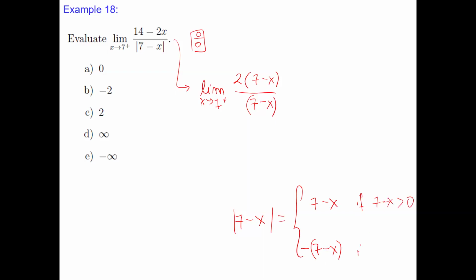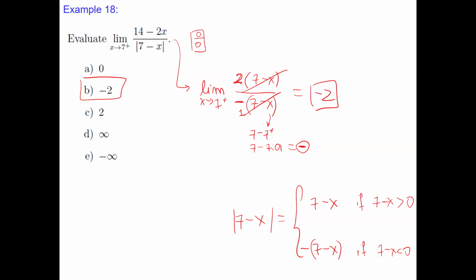Let's check. This is 7 from the right-hand side. 7 minus 7.1 is a negative number. If it's negative, we will put that negative. The final answer is 2 over negative 1, negative 2.